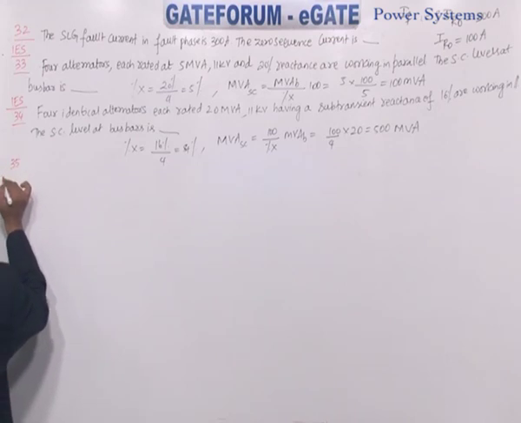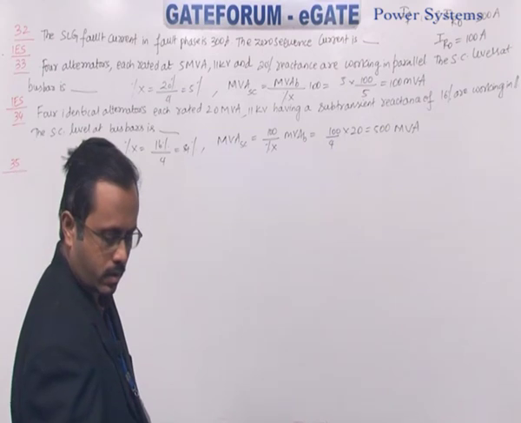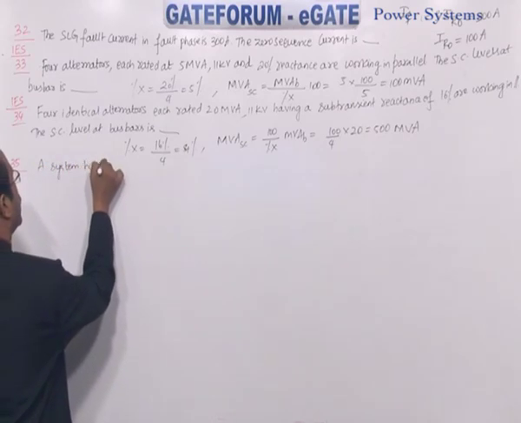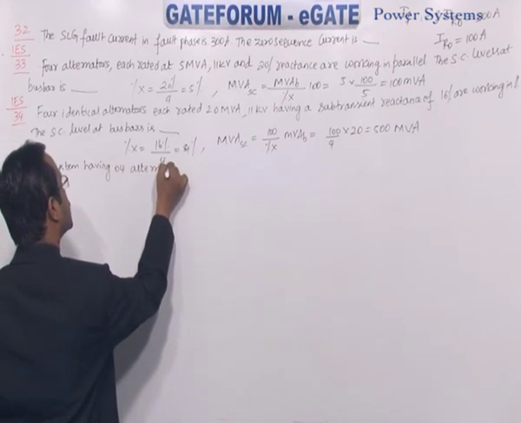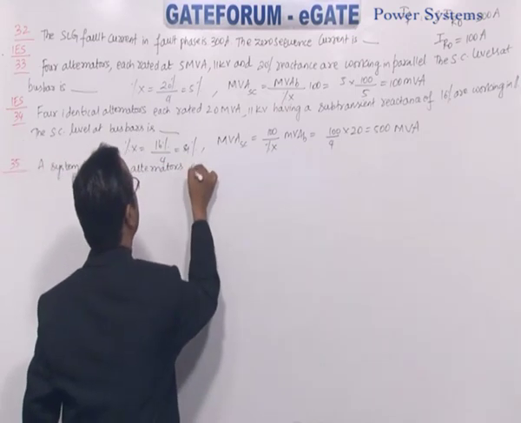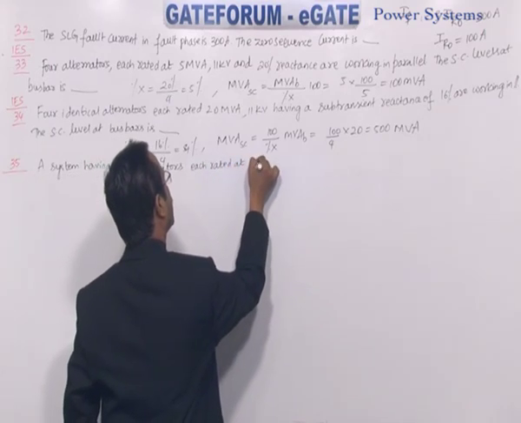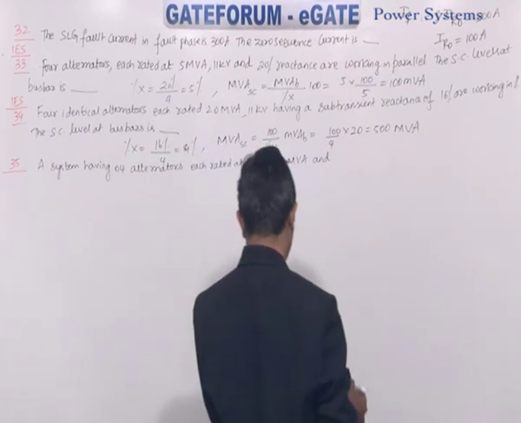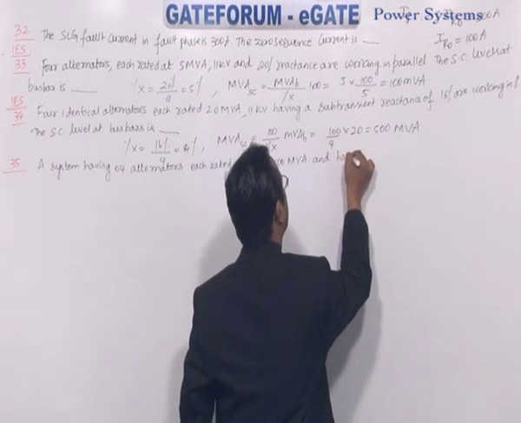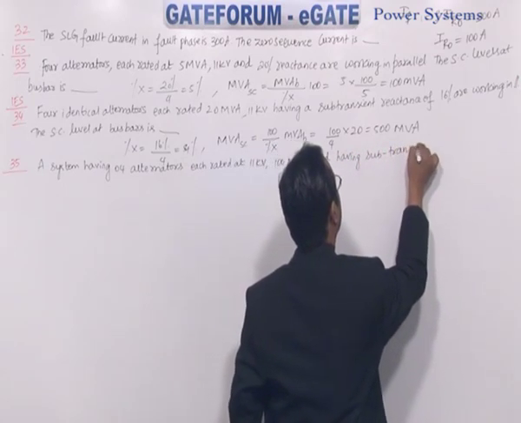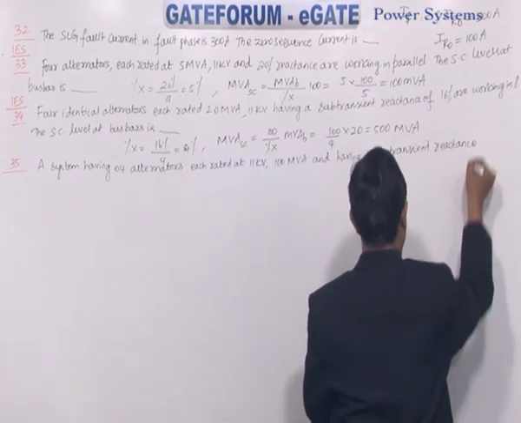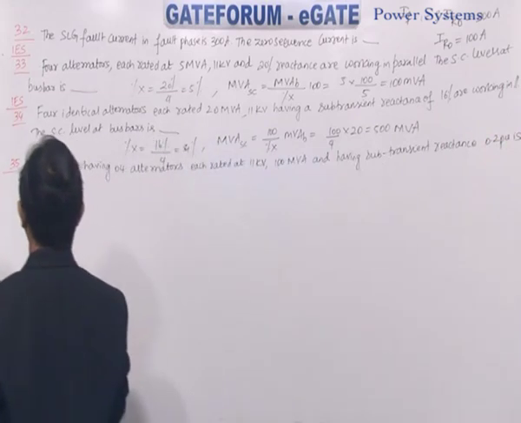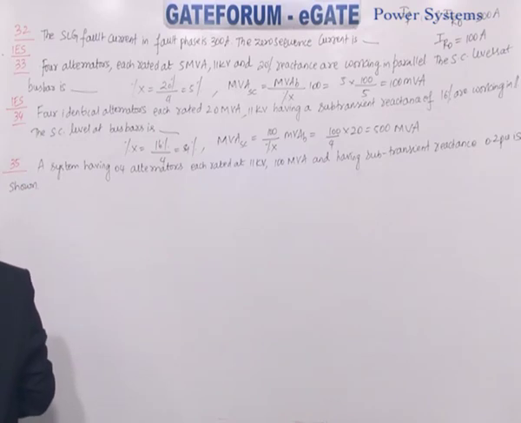Now we solve this next question. A system having 4 alternators, each rated at 11 kV, 100 MVA and having subtransient reactance 0.2 per unit, is shown in the figure.